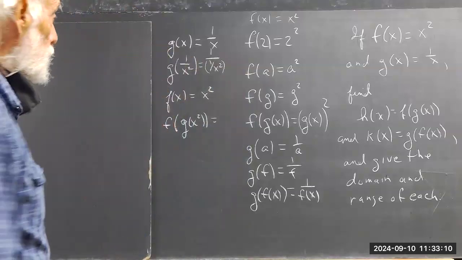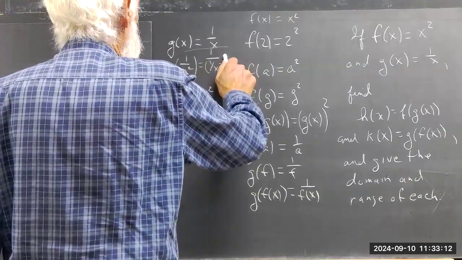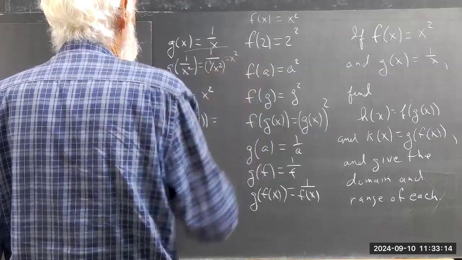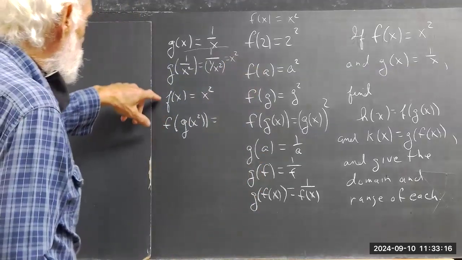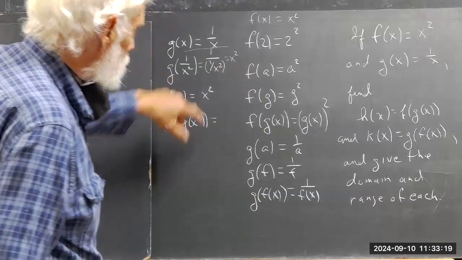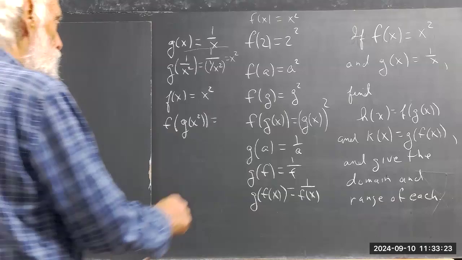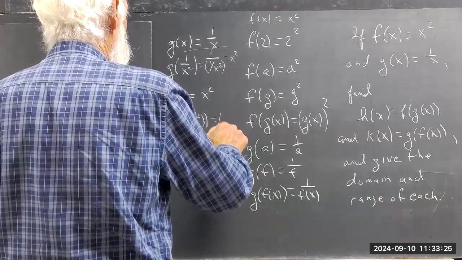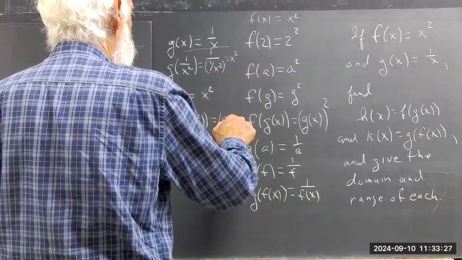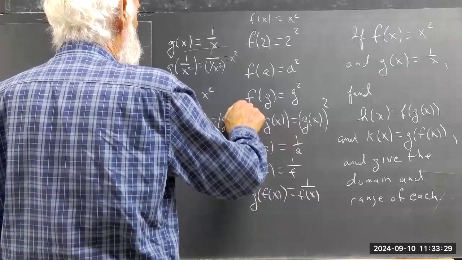Now that simplifies. Turns out that just equals x squared. f of x equals x squared. What's f of g of x squared? Well, it's just g of x squared squared.